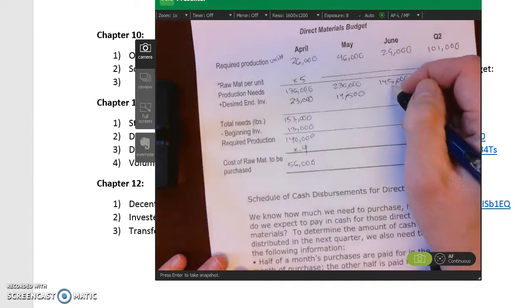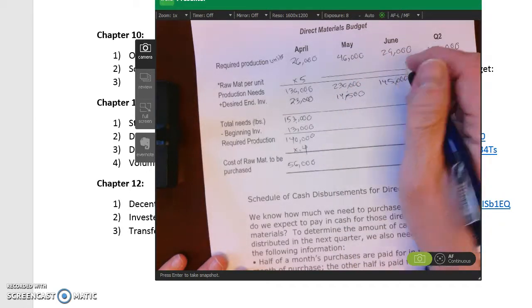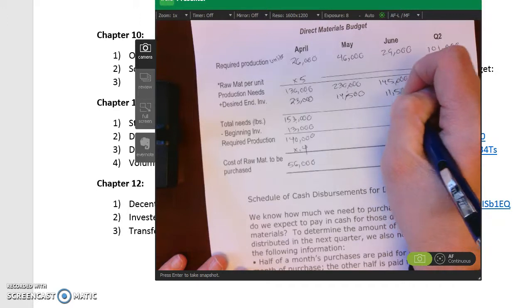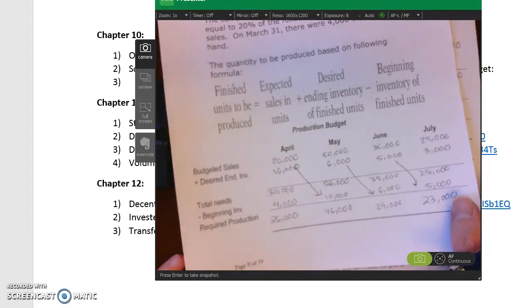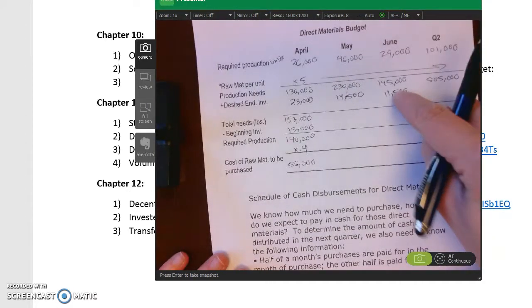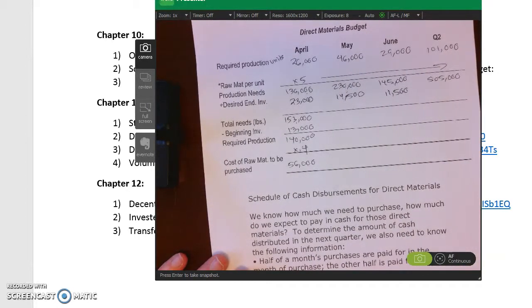And then, of course, I calculate my 11,500. The way I got that is I took my 23,000 units produced for July, multiplied times the 5, and multiplied times 0.1. That gives me the 11,500.